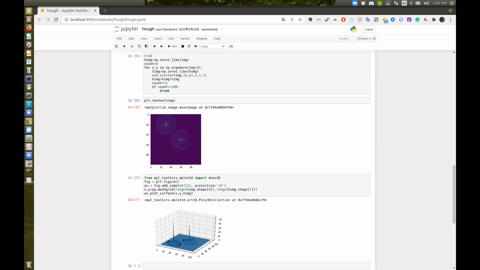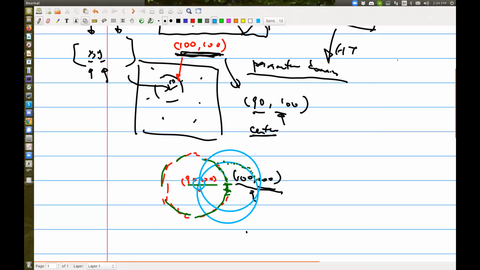So for each of the non-zero points in the original image, you think of what kind of parameters can contribute to this non-zero point, and then you give a vote to that parameter.